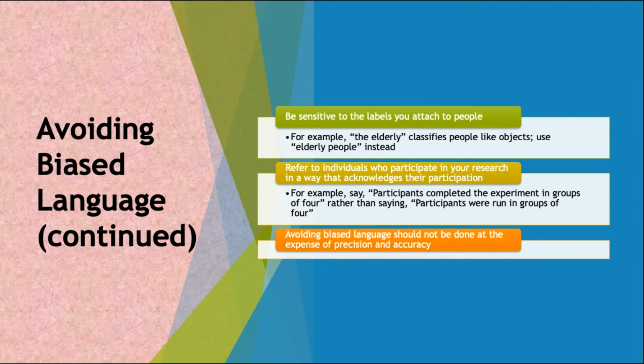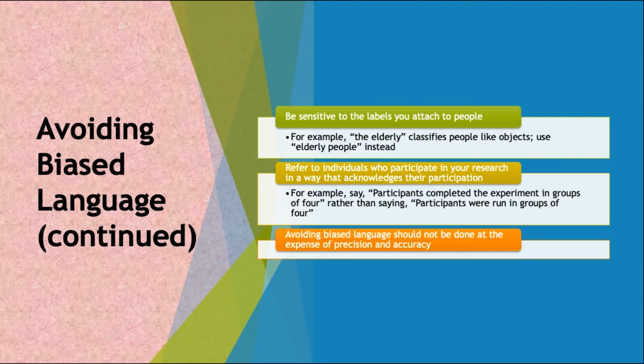For example, if you always mention white participants before black participants, it may imply the superiority of the white over the black. To avoid this, mix the order in which you present group identifiers. Also, be aware that the appropriateness of labels may change over time.